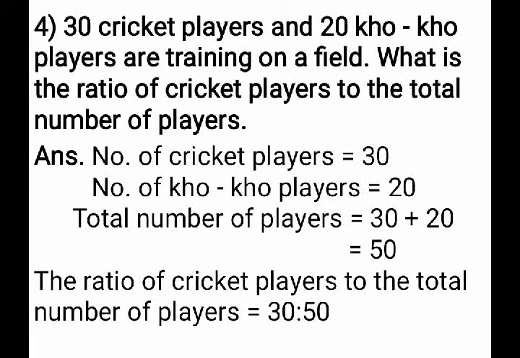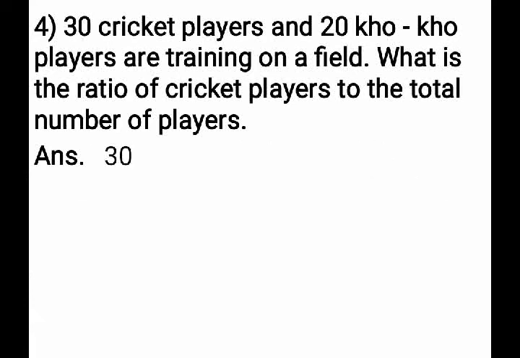By mistake, don't take the ratio 30:20, because the number of Kho-Kho players is 20. You have to find the ratio of cricket players to the total number of players. Now write the fraction form of cricket players to the total number of players, that is 30 upon 50. 0 gets cancelled.